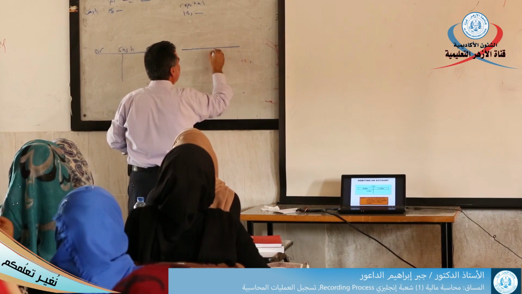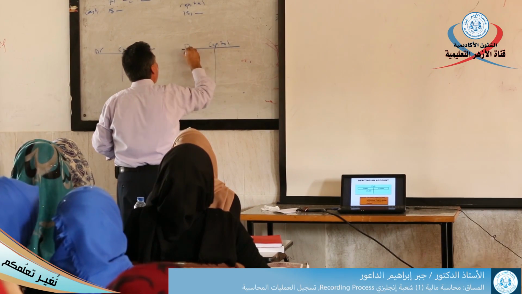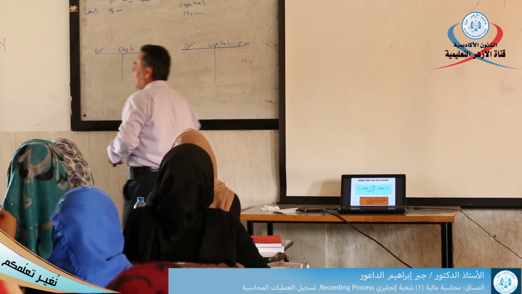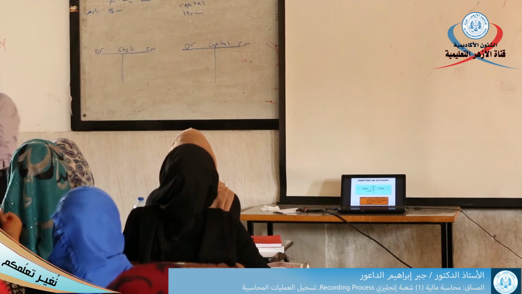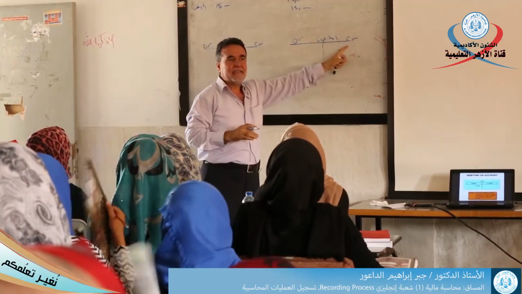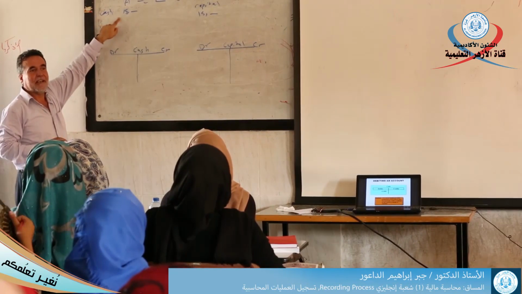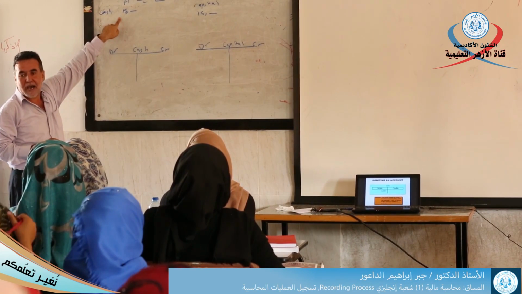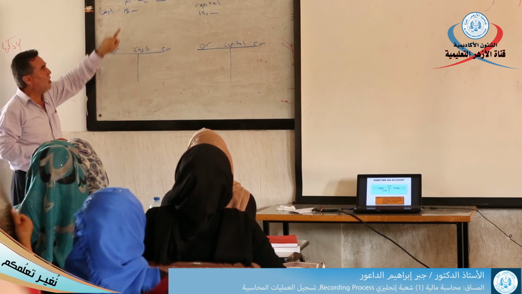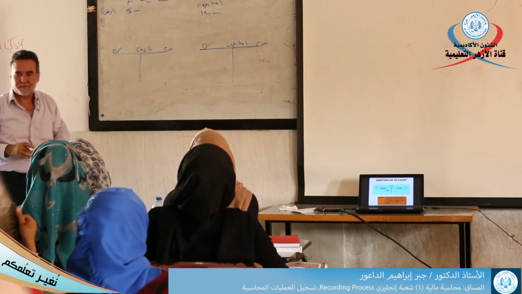Capital account, also DR CR. As I said, any account has two sides, DR and CR. So, cash increased by 15,000. So, the cash will be DR.